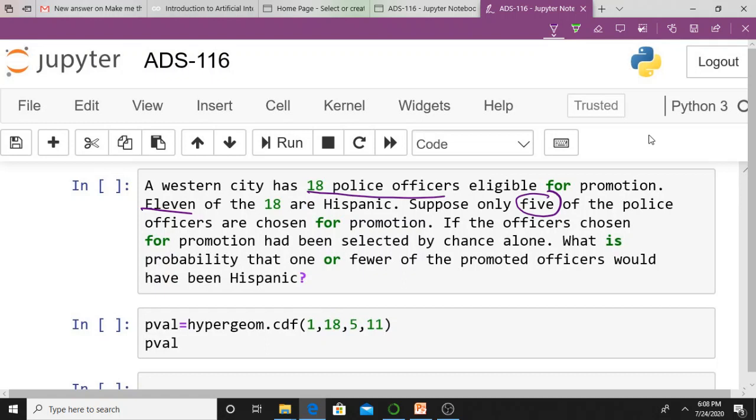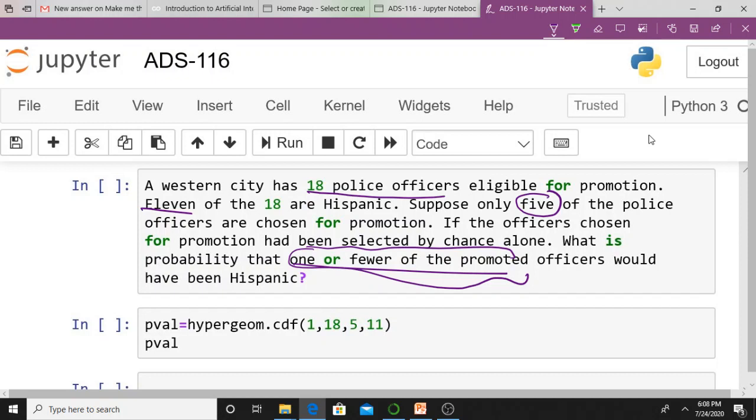If the officers chosen for promotion had been selected by chance alone, what is the probability that 1 or fewer promoted officers would have been Hispanic? It is simple and straightforward. What we need to know here is 1 or fewer.